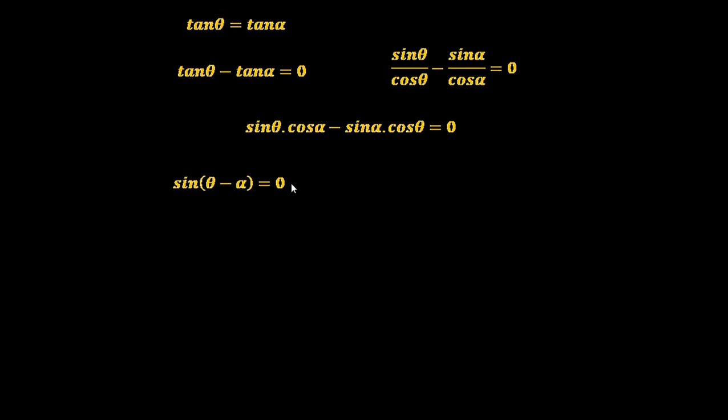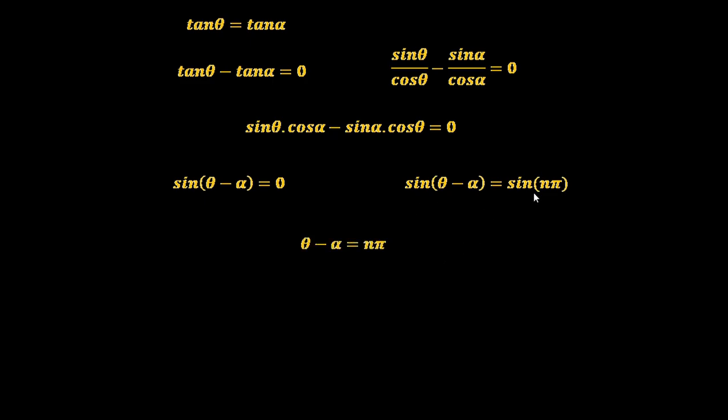And we have already discussed that when the value of sine becomes 0, that is sine of n pi. If you have any doubt in this section, that for what values of sine it becomes 0, then you can watch the video titled Graph of Sine and Cos. In that video we have discussed it.